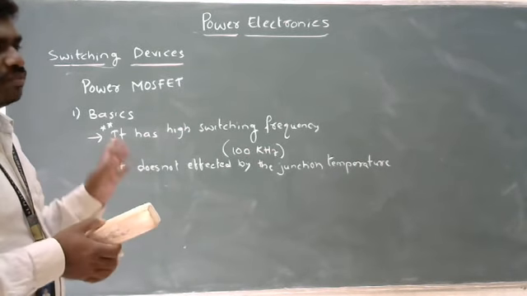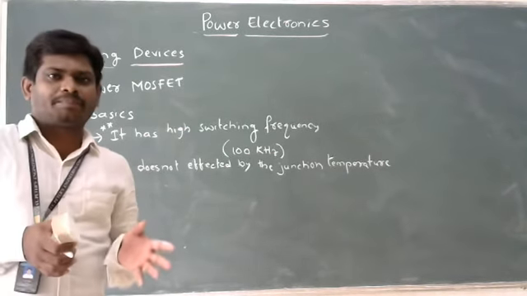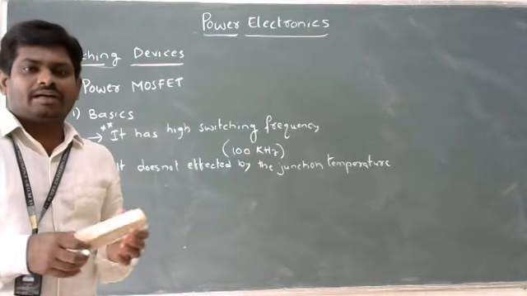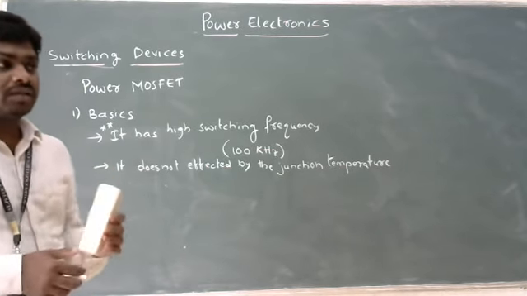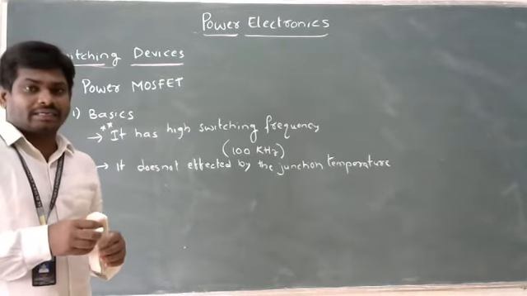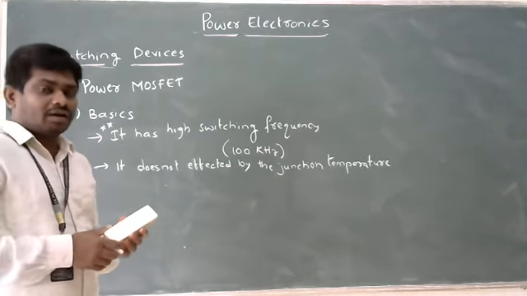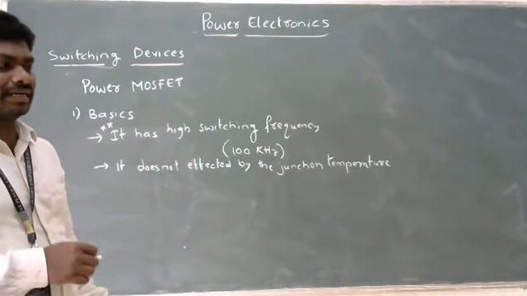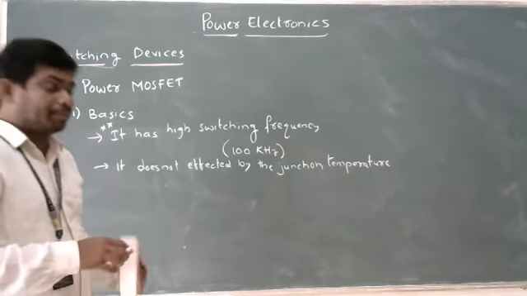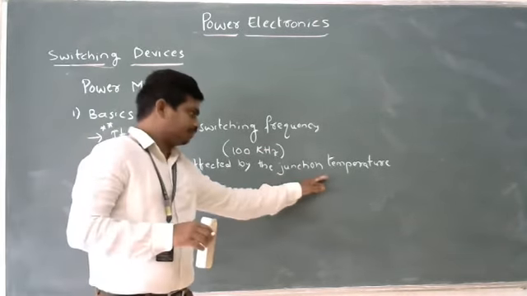When you compare this MOSFET with the power BJT, the power BJT is a current control device, because its collector current depends on the variation of the input base current, and the base current depends on the junction temperature.